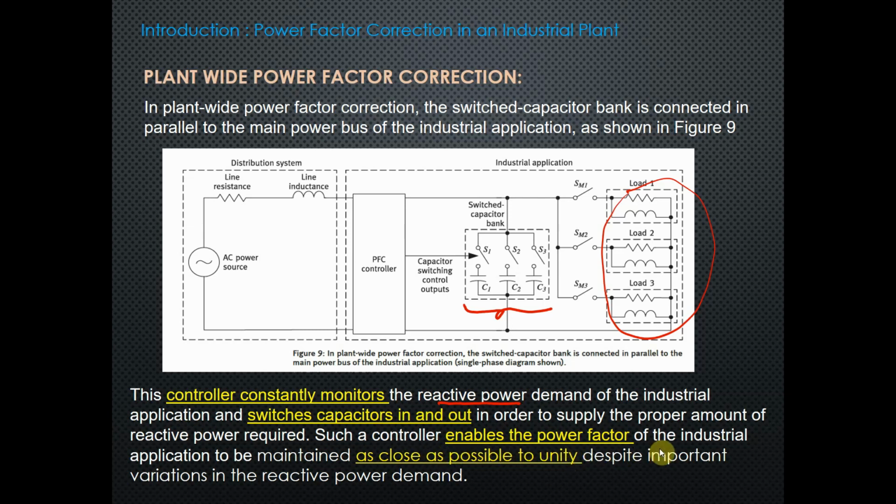Such a controller enables the power factor of the industrial application to be maintained as close to unity as possible. There is automatic switching here, whether to add capacitors or not, depending on the type of load connected. If you have a large inductive load, your power factor will be very poor, so your capacitor bank will adjust automatically. This is called plant-wide power factor correction.